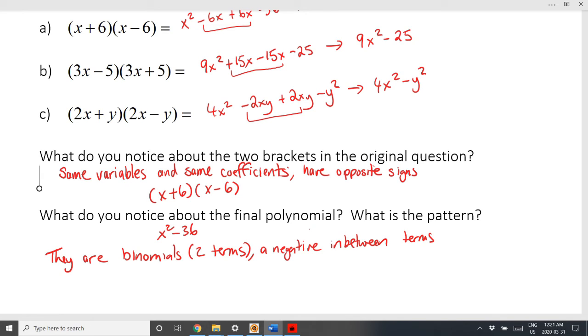And if you notice, each of them is a perfect square. So each term is a perfect square. So if you're looking at this, you can see that it's 1x squared, and we know 1 is a perfect square, and 36 is also a perfect square. So now I'll show you how to use this information to factor differences of squares.